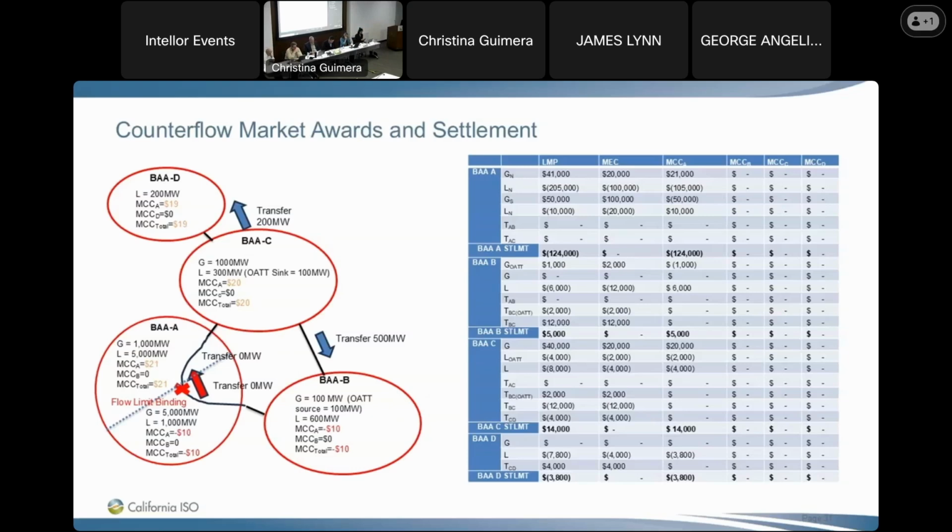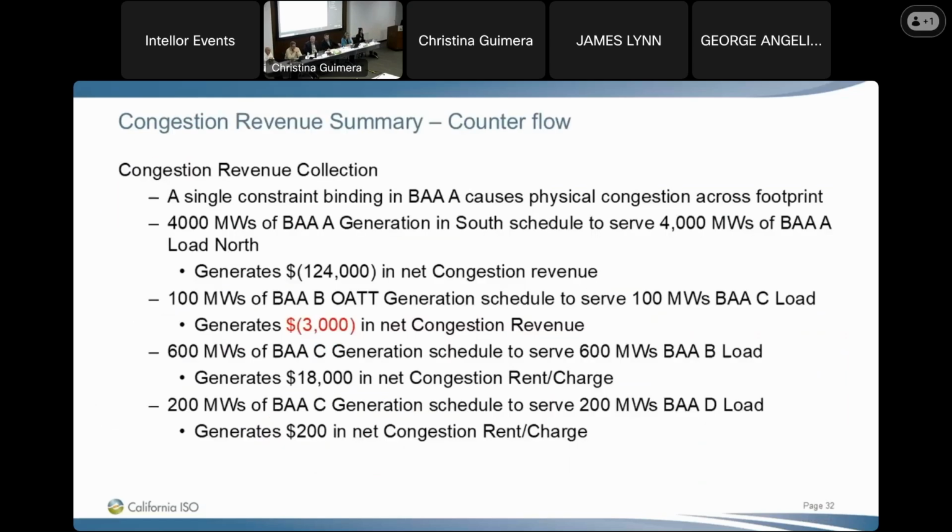So I'm going to go through in more detail, like a summary of what the congestion is on the next slide. As I said, it's a single constraint in BAA that causes physical congestion across the footprint. Same as the prevailing flow for BAA, I still have 4,000 megawatts of generation in the south that is serving 4,000 megawatts in the north.